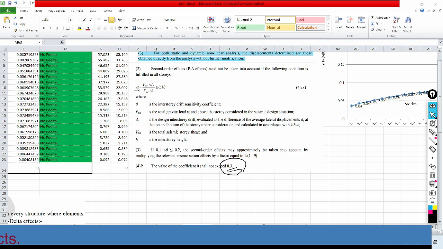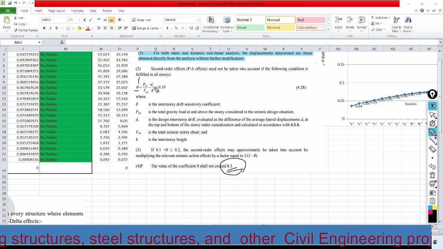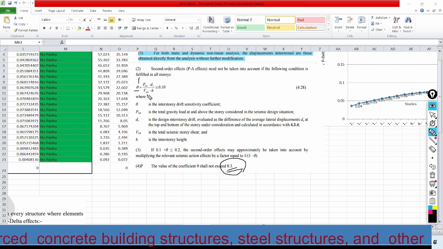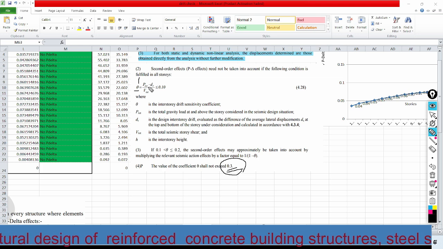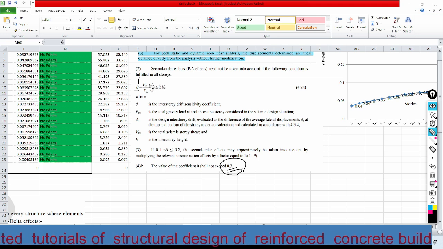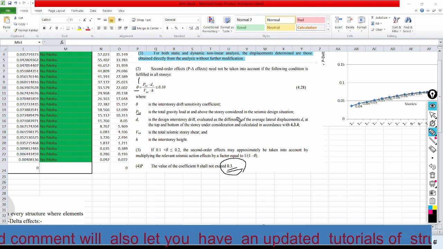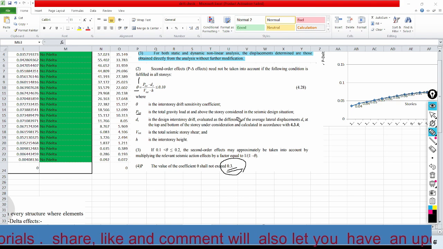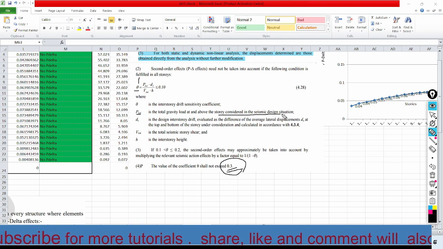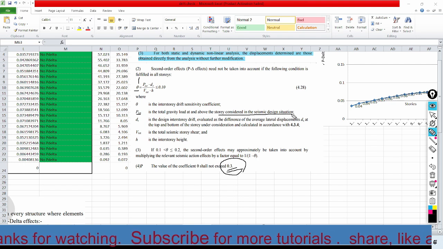Here, this theta is equal to P total multiplied with dr over V total multiplied with H, where P total is the gravity load, the total gravity load at and above the story considered in the seismic design situation.